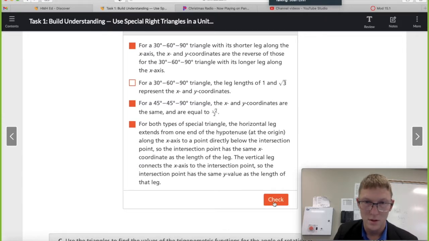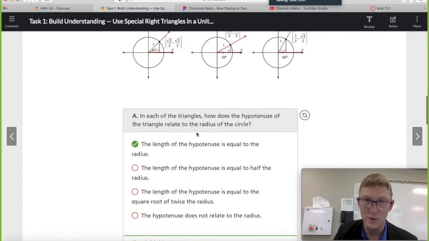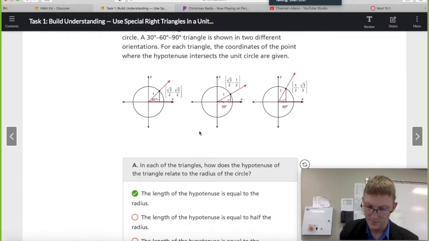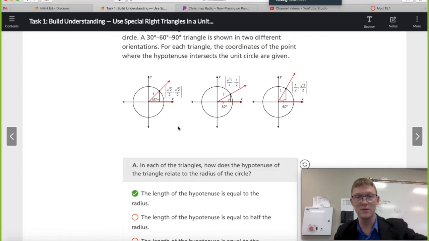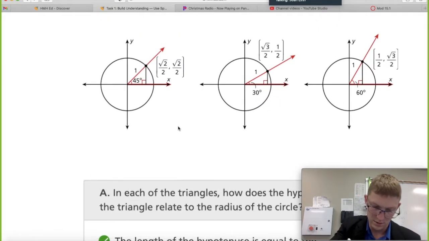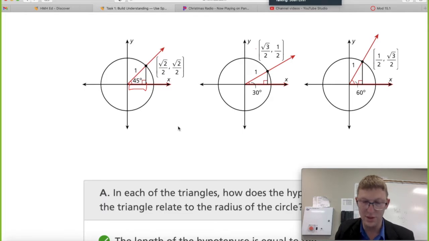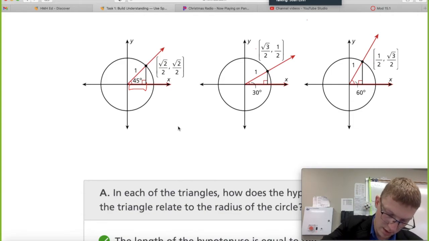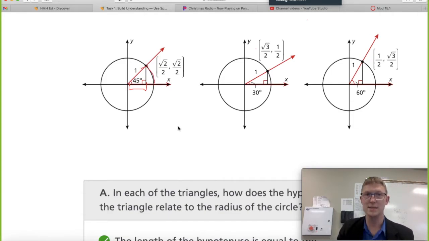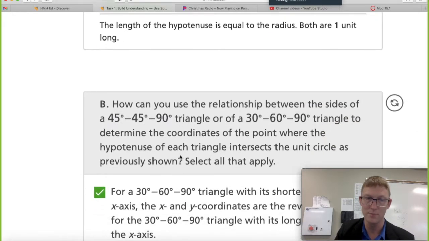Yeah, that's a really confusing way of saying in all of these triangles, you've got one leg that's along the x-axis that would then correspond to the x-coordinate. Then you have one leg that is on the y-axis, or that connects it, that would then correspond to the y-coordinate.